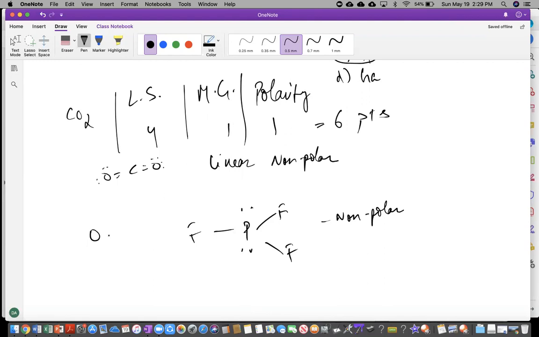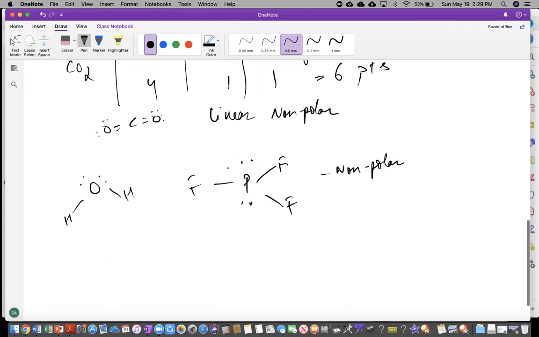But they're not canceling out each other when it's water. The only time they get canceled is when you have 5 neighbors: 1, 2, 3, 4, and 5. That's one neighbor, and these are 3 neighbors. Total 5 neighbors. So it has to have a total even amount of regions for them to cancel out.